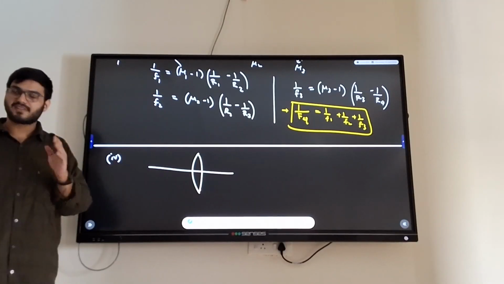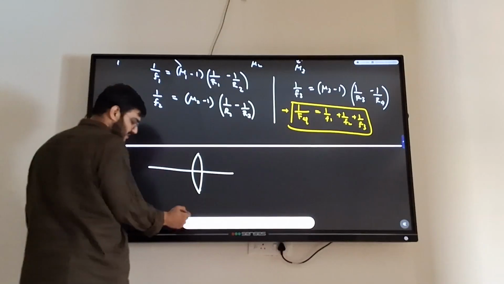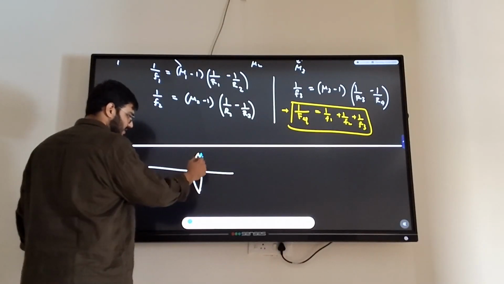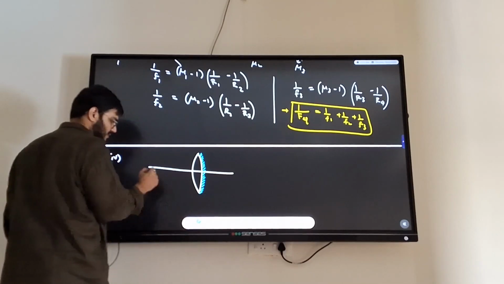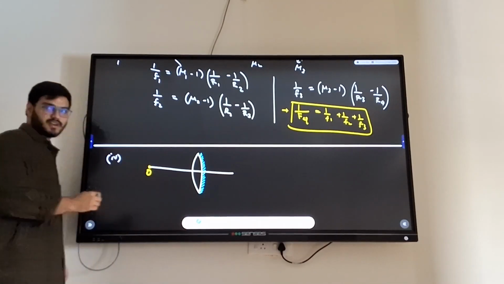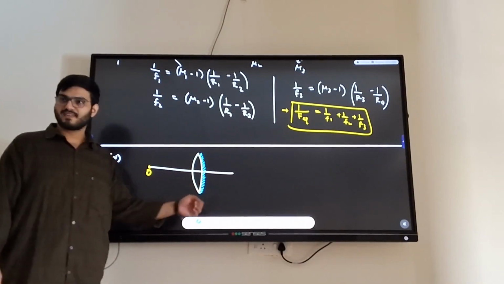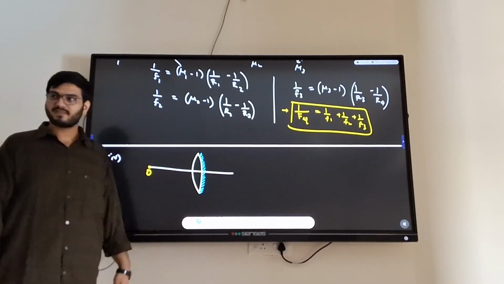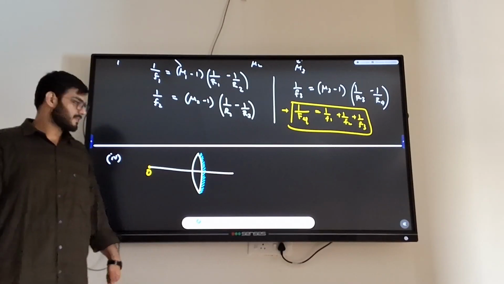Let's say I give you it's a convex lens, and then I do this very interesting thing. Now I do this. What did I do? I silvered it. How will that surface act? It will act like a mirror now.